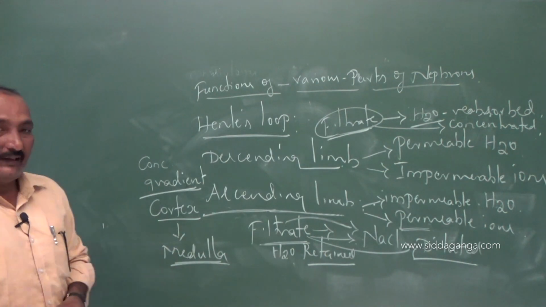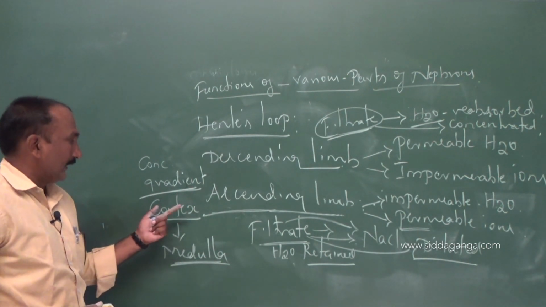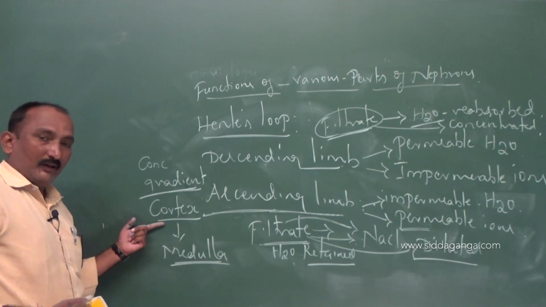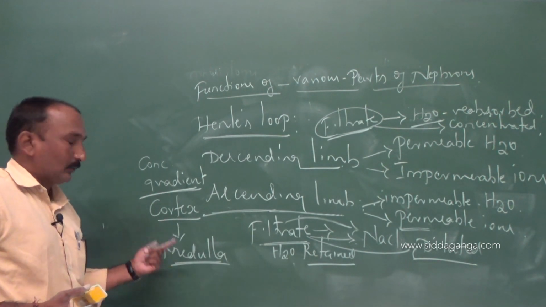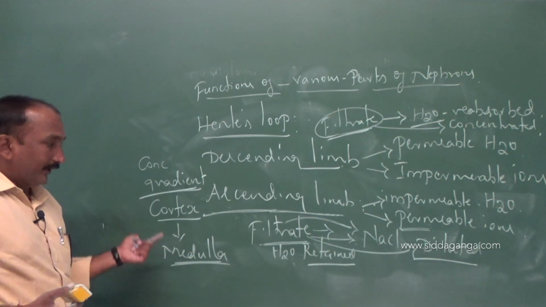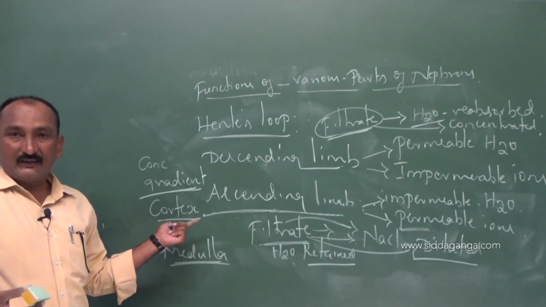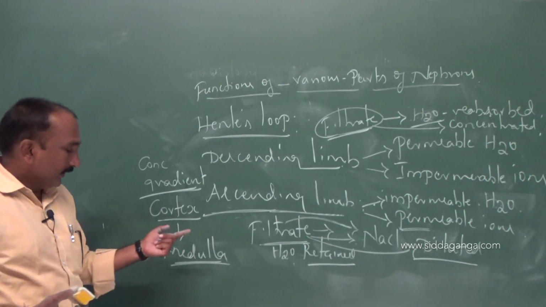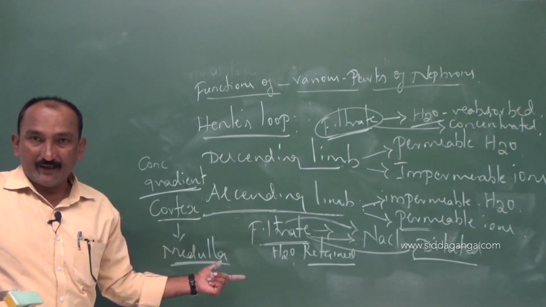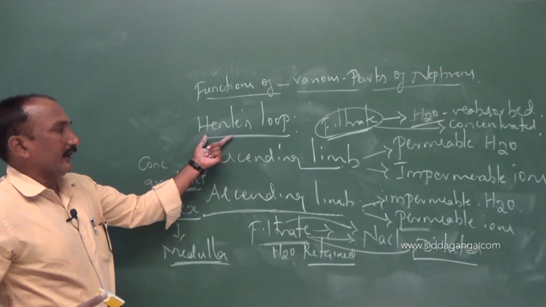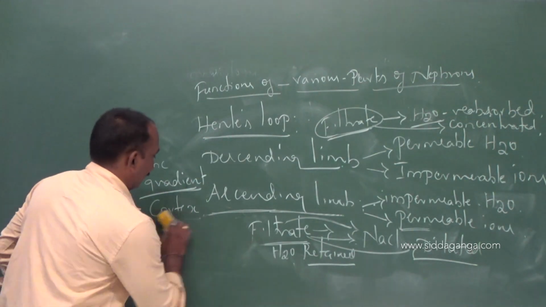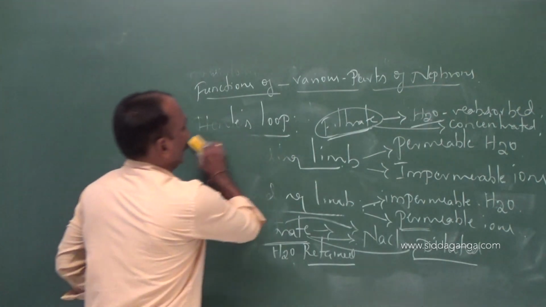The Henle loop maintains the concentration gradient from the outer region of the kidney, the cortex, to the inner region of the kidney, called the medulla. Usually the cortex has a lower concentration, while the medulla has a higher concentration. It is achieved with the help of the Henle loop. That is with regard to the function of the Henle loop.